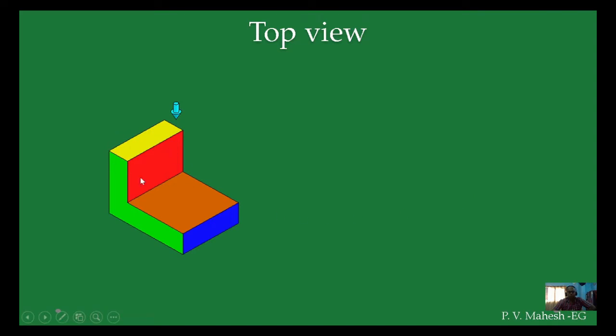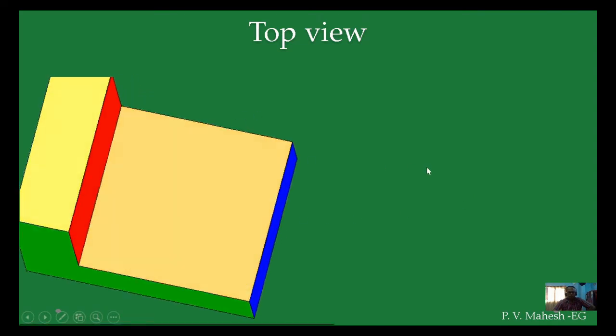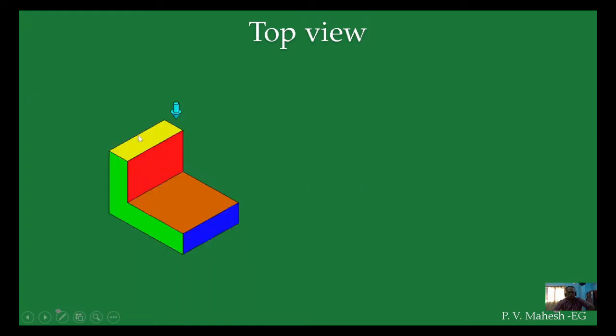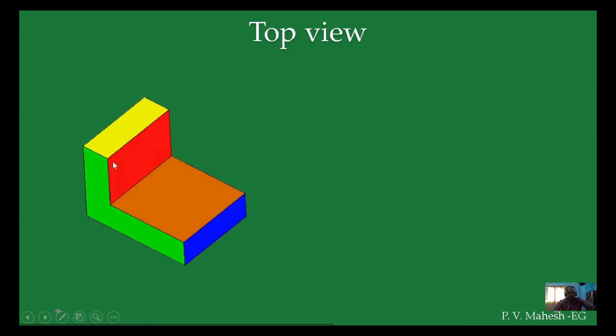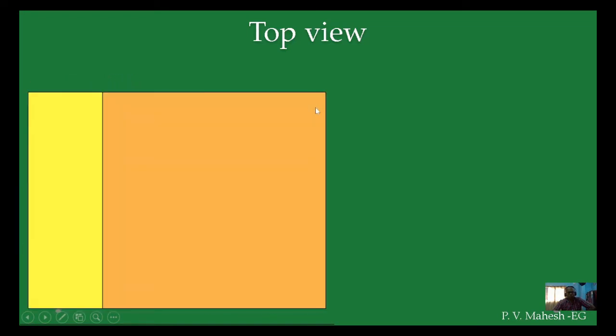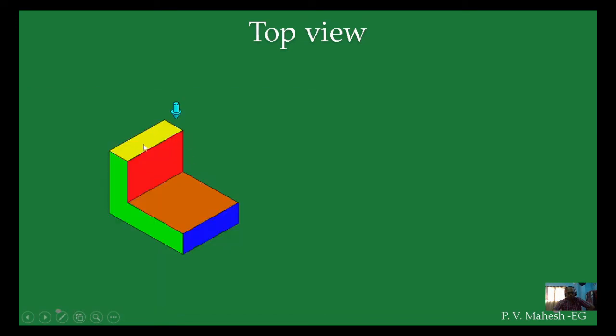So here you can see what is happening. You just observe. This is the top view of the object that was shown in the beginning. If you are seeing from the top, the vertical lines collapse into one point, and we see only the top surfaces, this one and this one.